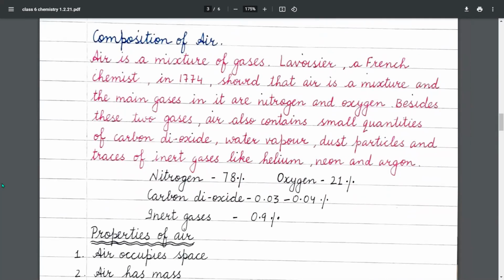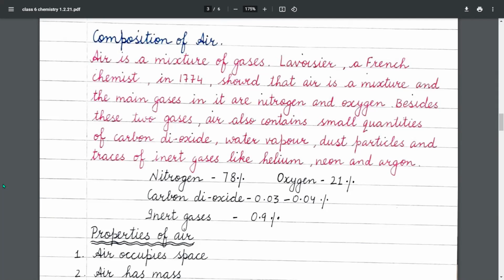Now let's talk about the composition of air. Air is a mixture of gases. Lavoisier, a French chemist, in 1774 showed that air is a mixture and the main gases in it are nitrogen and oxygen.